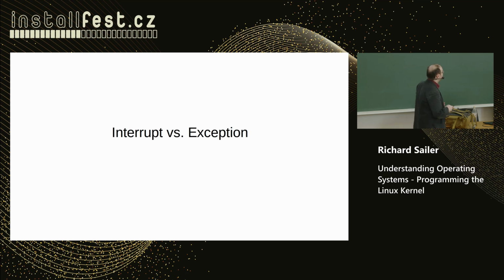So that's why they're often explained together. But for the CPU, for the hardware, they are different things. And also, please note, those don't have anything to do with C++ exceptions or Java exceptions. It's just the same term for very different things, actually.